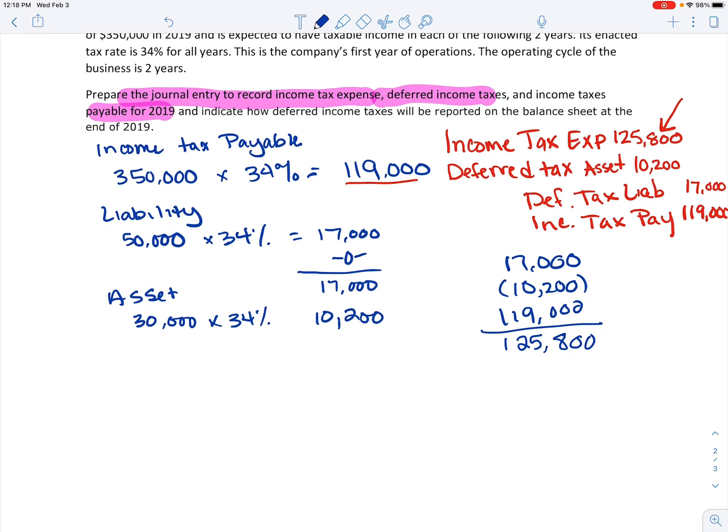We know this is presented in the non-current section of the balance sheet, but we have to show which section it's going to be in. Because my liabilities are greater than my assets, I'm going to show it as a deferred tax liability.